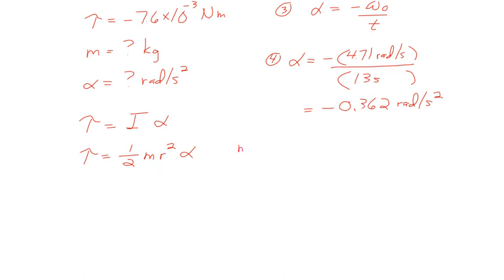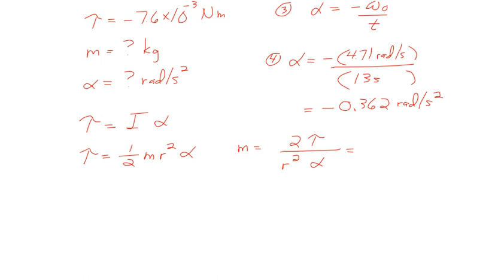So M is going to equal 2 tau, so 2 times the torque, divided by R squared alpha. Again, if you want to get I separately, you can, because we do know M and we do know R, but if I do it this way, I don't have to solve other than for the unknown. I had to solve for alpha up above, but I don't have to solve for I here.